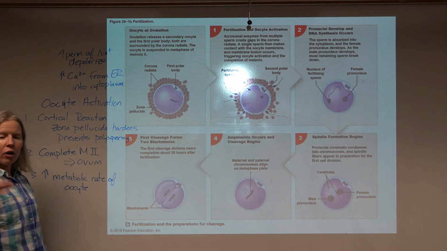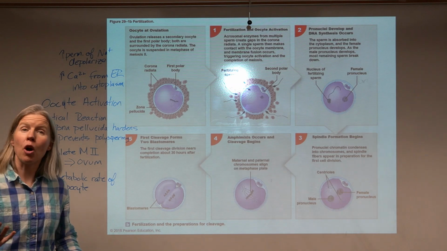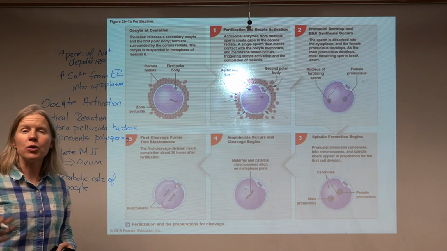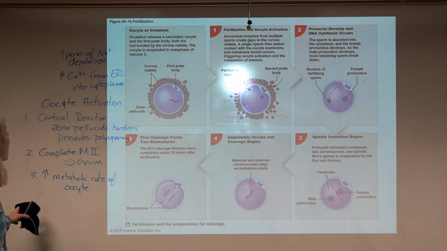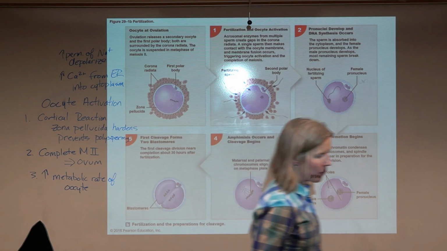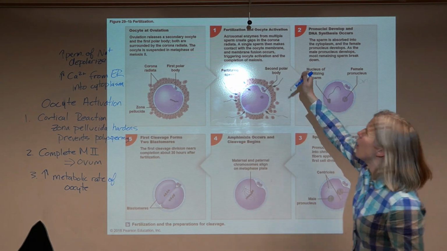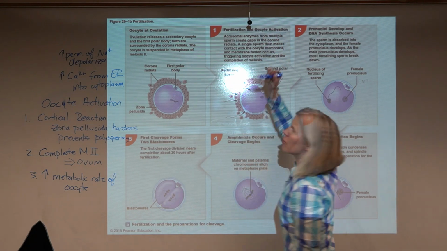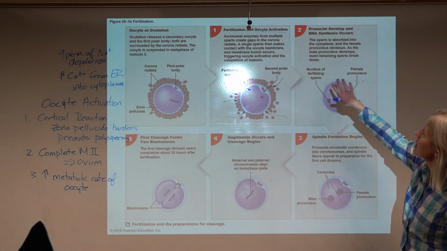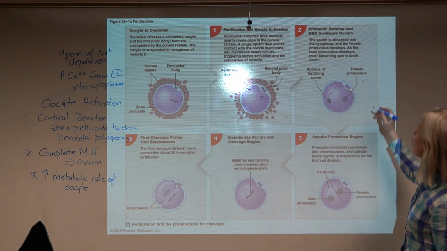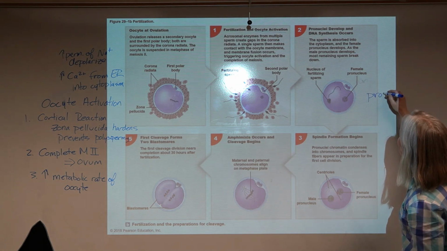So some of those things like mRNAs that the oocyte was carrying, now those start to get used. We crank up protein production and all those things as part of this oocyte activation. So once that's completed, I know I'm still just on the first box here, but once all that's completed, then what we see happen is the formation of what they're calling pronuclei.